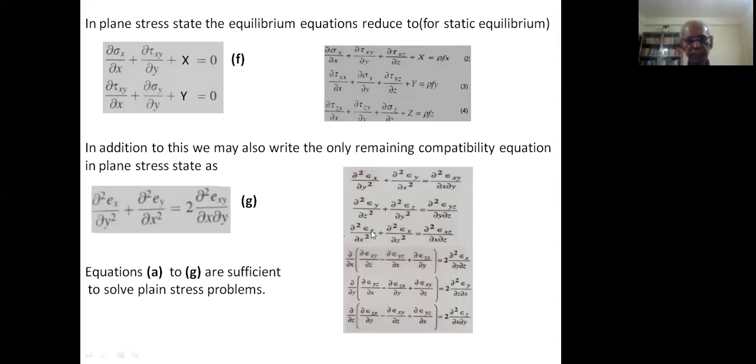So let us look at the second equation. In the second equation, we have got del square epsilon y by del z square. So this is the variation with z, that is 0. Then we have got del square epsilon z by del y square.